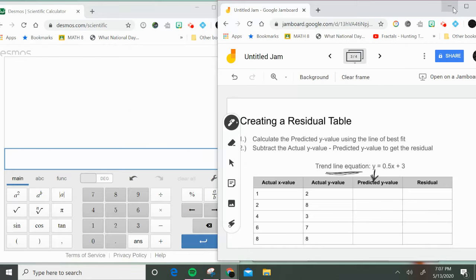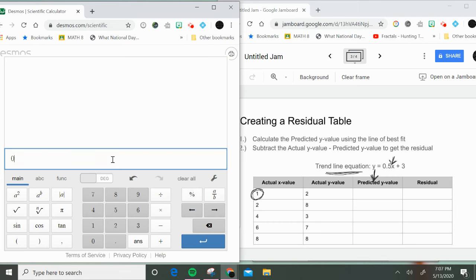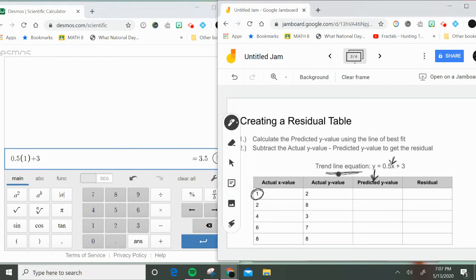We're going to use our Desmos calculator to plug the actual x value into our trend line equation for x. So we start by doing 0.5 times 1 plus 3. And the predicted y value for this data point is 3.5.